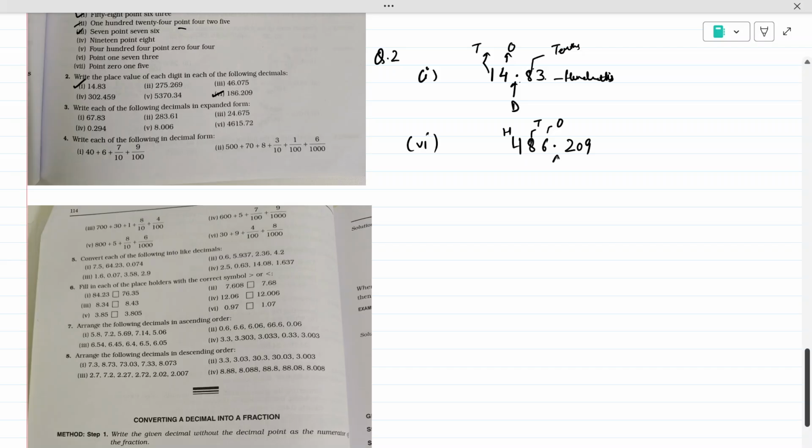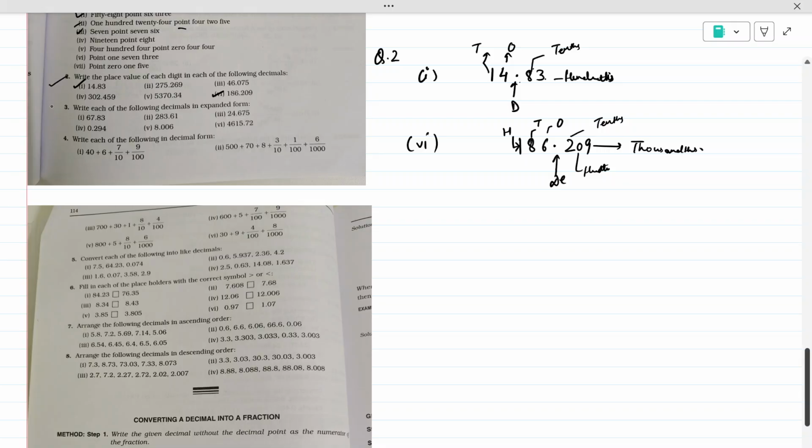And then this is the decimal point. Then 2 is at 10th place, 0 is at 100th place, and 9 is at 1000th place. Okay, so similarly we can pick up others also.